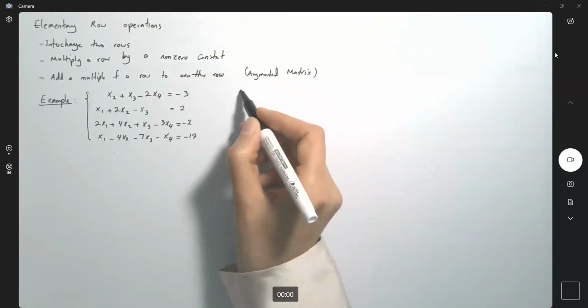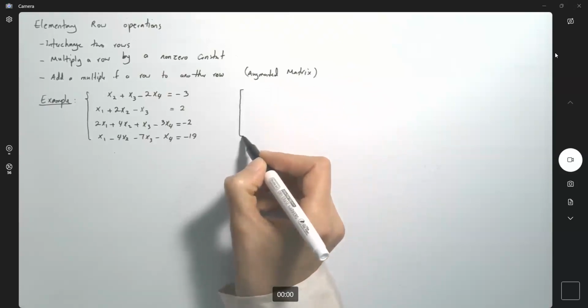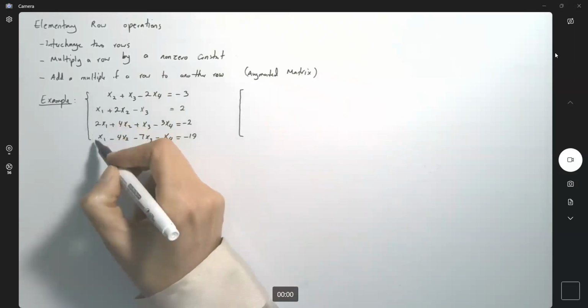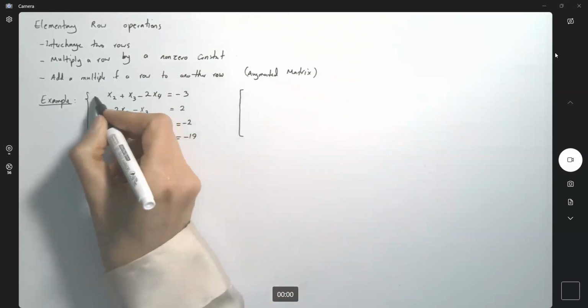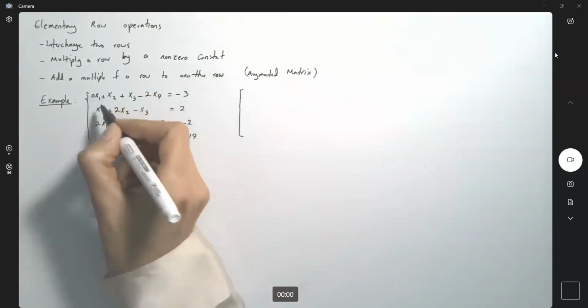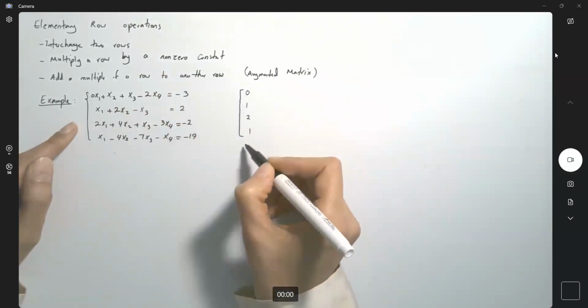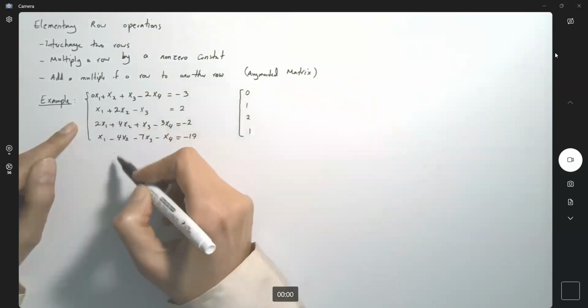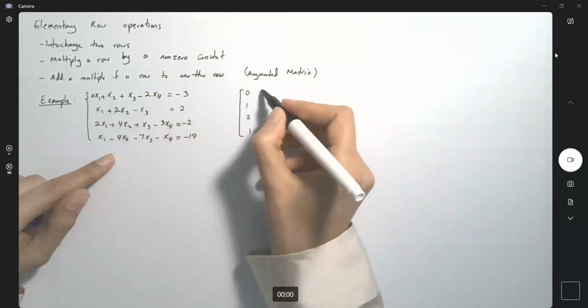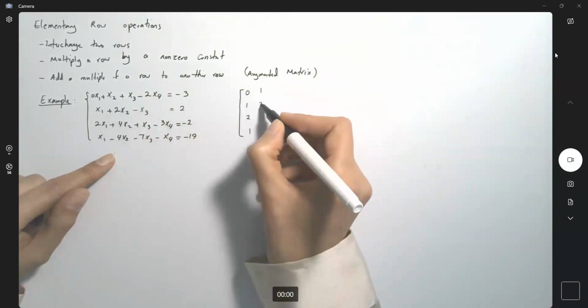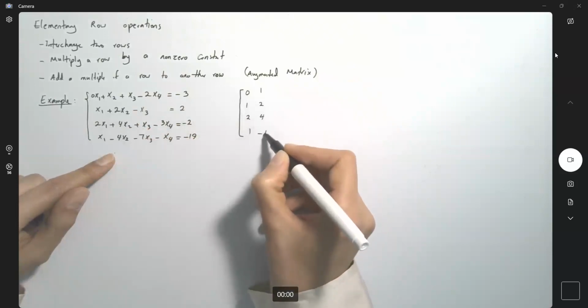In our augmented matrix, we have the very first column for the coefficient of x1. This is 0, x1 plus x2, so 0, 1, 2, and 1. The second column is the coefficient of x2, which is 1, 2, 4, and negative 4.